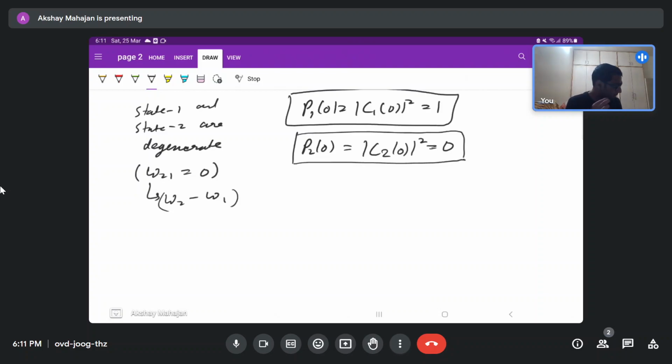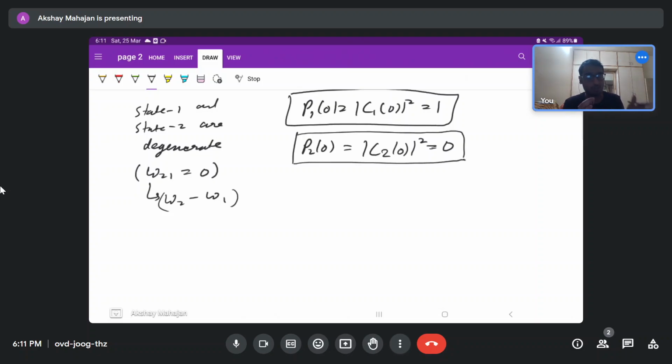To solve this problem and get equal probability, we have to use this Rabi's formula and find for how long we have to apply the constant perturbation, till the probability of going to state 2 becomes 0.5.